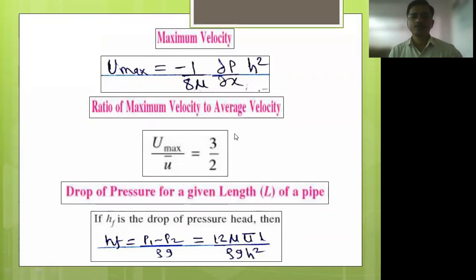Next, ratio of maximum velocity to the average velocity. U max upon U bar is equal to 3 by 2.